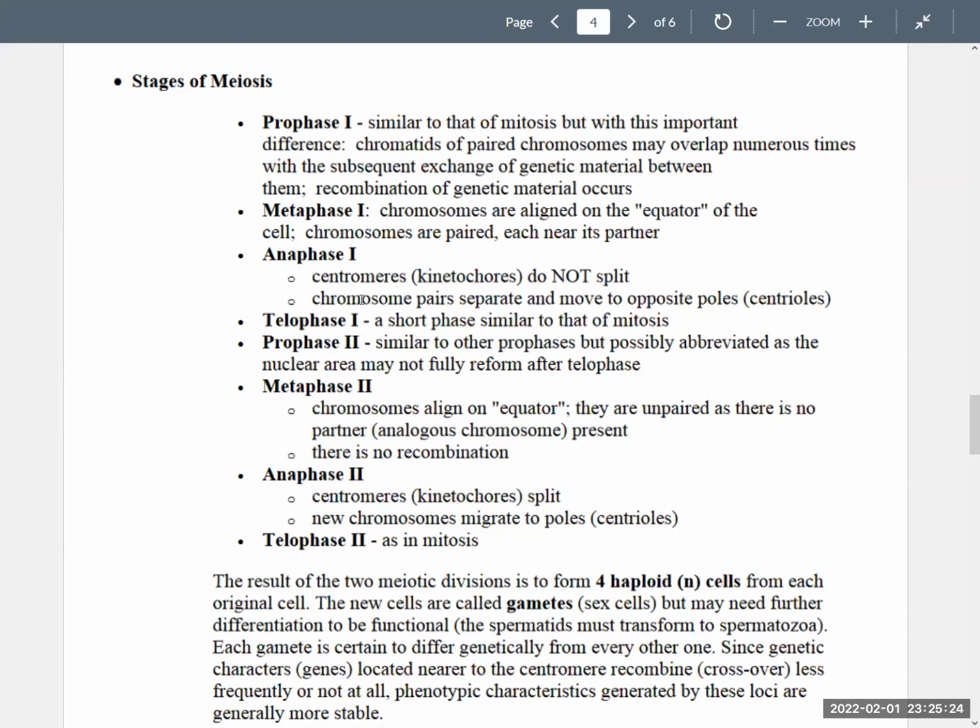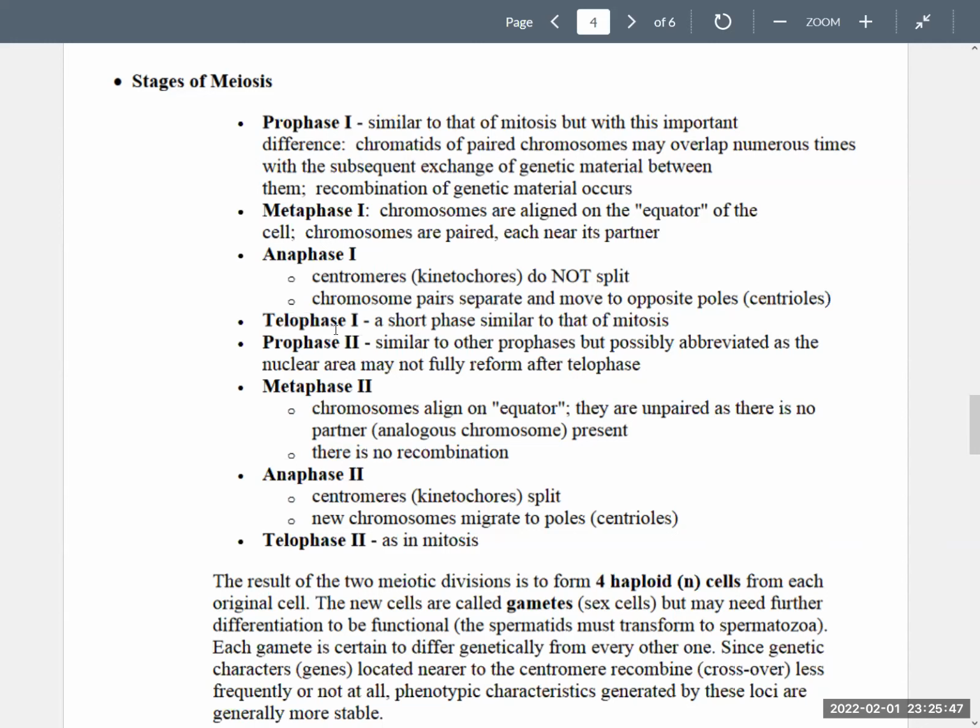They did in mitosis. It will not do it in meiosis. In meiosis, the centromeres, and I did use the word kinetochore here, but I'm not going to put it on a test, the centromeres do not split. Chromosome pairs separate, move to opposite poles.